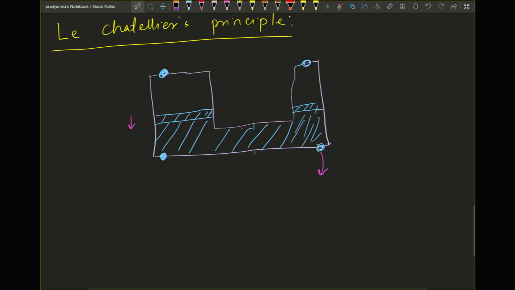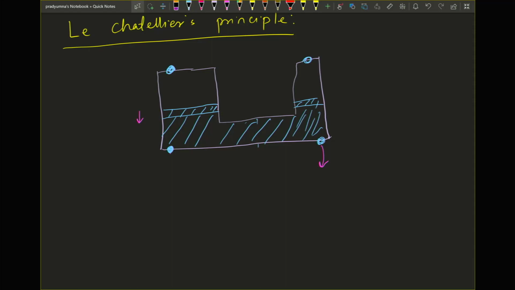So I open the tap on the right side, and the water level has to drop on the left side. That's the idea behind what Le Chatelier's principle tells us: if we stress a system that is in equilibrium, how it would behave. That's all it is about.